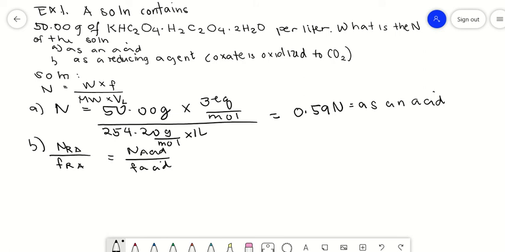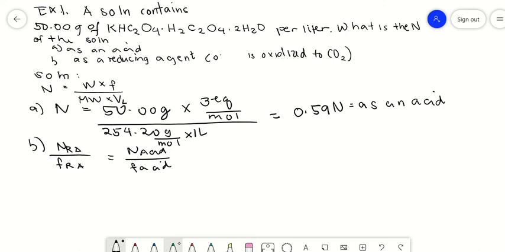Okay. So, if you're going to determine now the normality as reducing agent, it is stated here that oxalate, so that is not oxate, oxalate, is oxidized. So it is oxidized into carbon dioxide. Always, unless otherwise specified, the oxalate is oxidized to CO2. So you should know how to determine the factor.